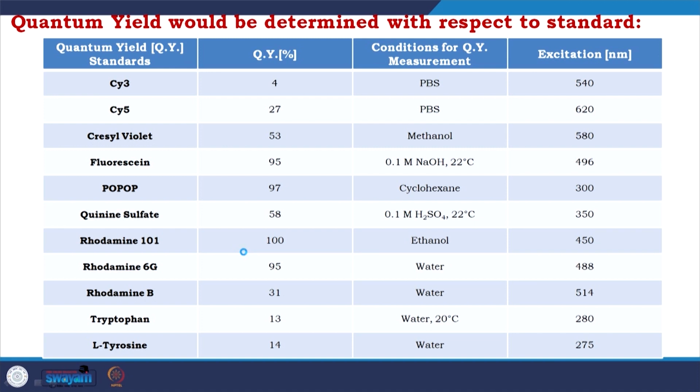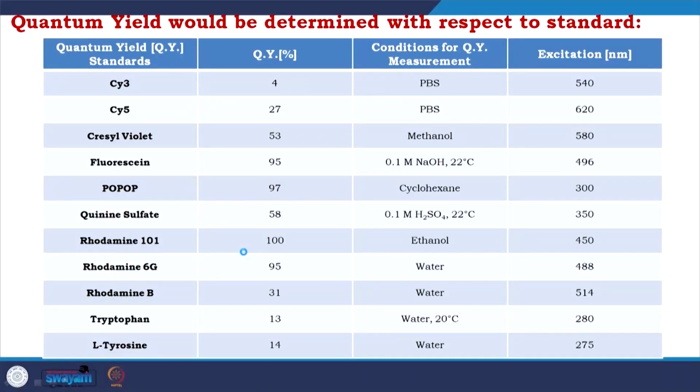So, here there are some standards: Cy3 with quantum yield 4, and quantum yield is characteristic in a certain buffer. So, this quantum yield of Cy3 is measured in PBS buffer. Cy5 quantum yield is 27 and measured in PBS also. Cresyl violet quantum yield 53, solvent is methanol. Fluorescein 95, 0.1 molar NaOH, 22 degree centigrade.